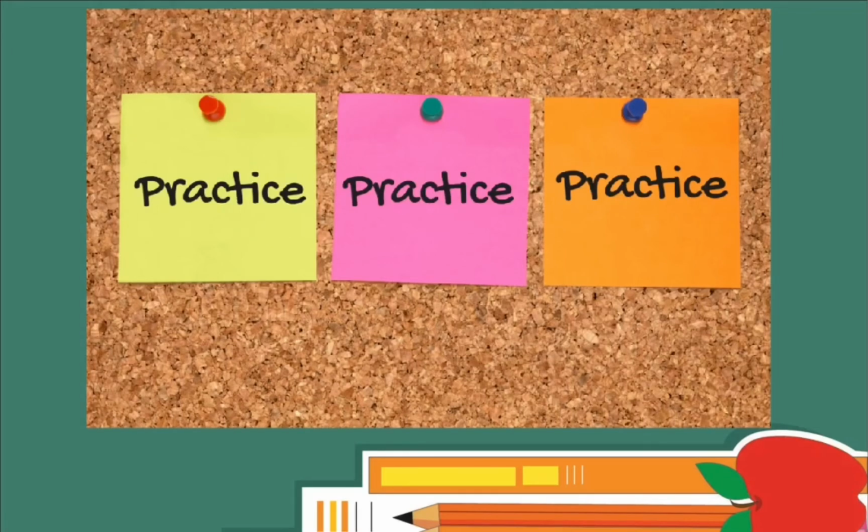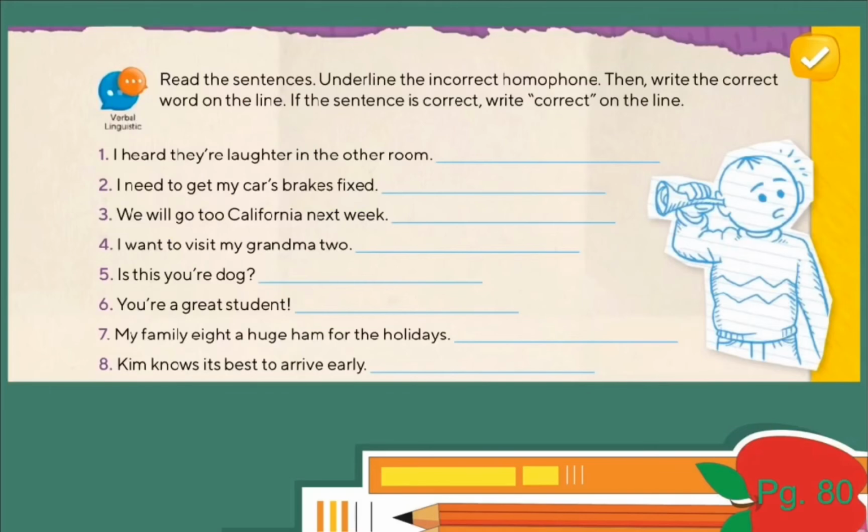Let's have more practice to make sure we know clearly what homophones are. Let's go to page 80. Read the sentences. Underline the incorrect homophone. Then, write the correct word on the line.